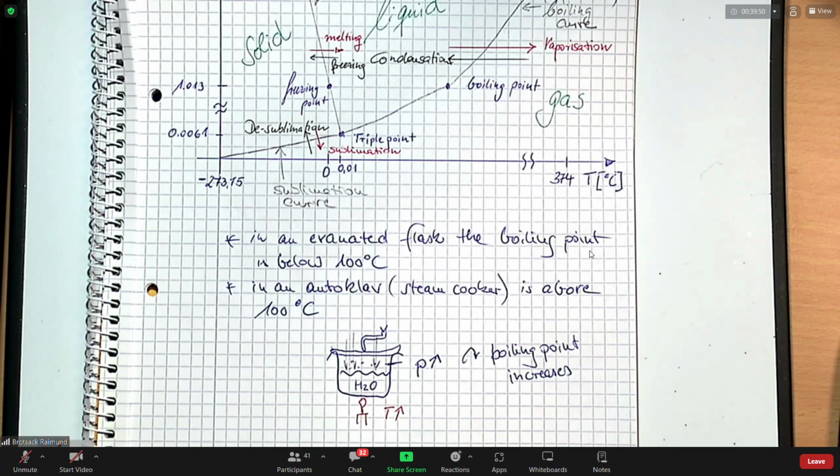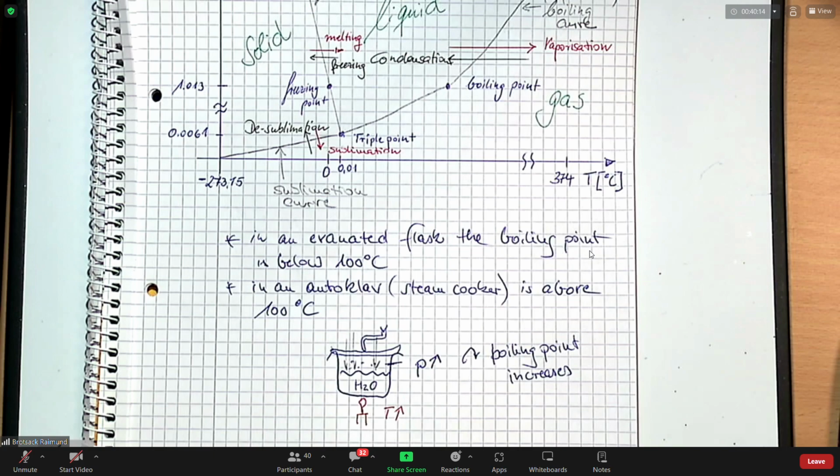A liquid is incompressible. You cannot decrease the volume of a liquid via pressure. A gas you can compress. In a gas phase, the molecules have a lot of space. In the liquid, they are closer together. And in the solid, they are fixed on fixed places. They cannot move.